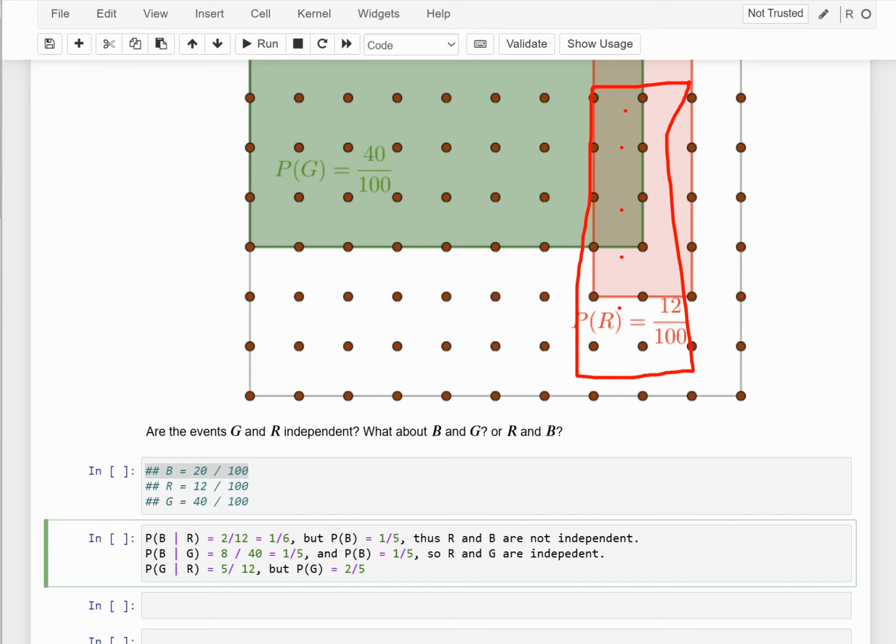So 2/5 and 5/12 are close, but not the same. Sorry, and then I made a mistake here. Blue and green are independent from above. So red and green are not independent.